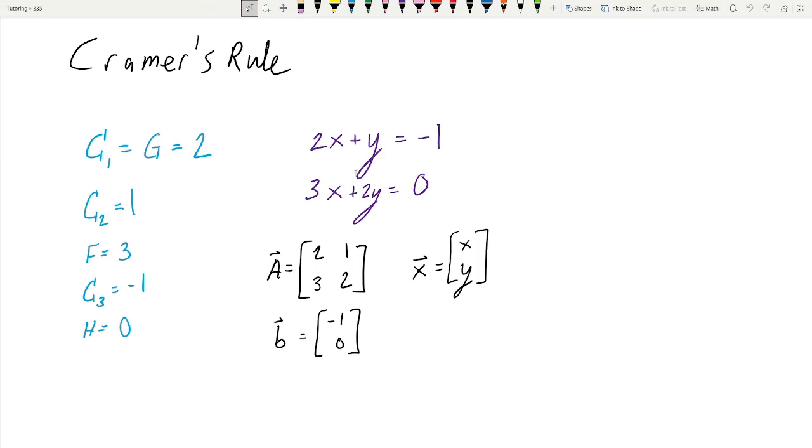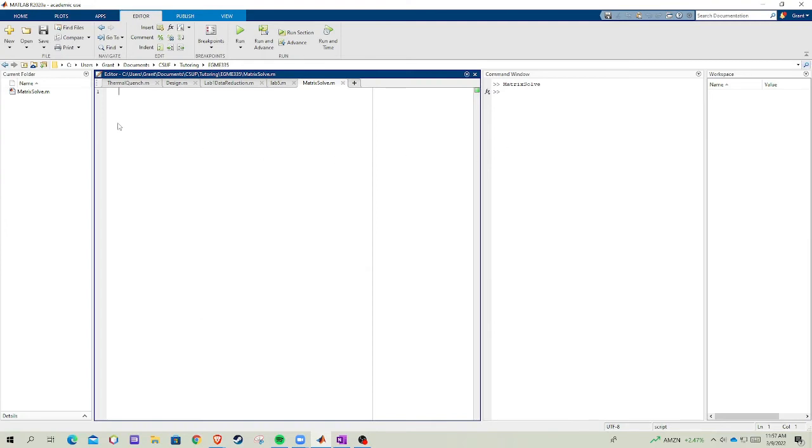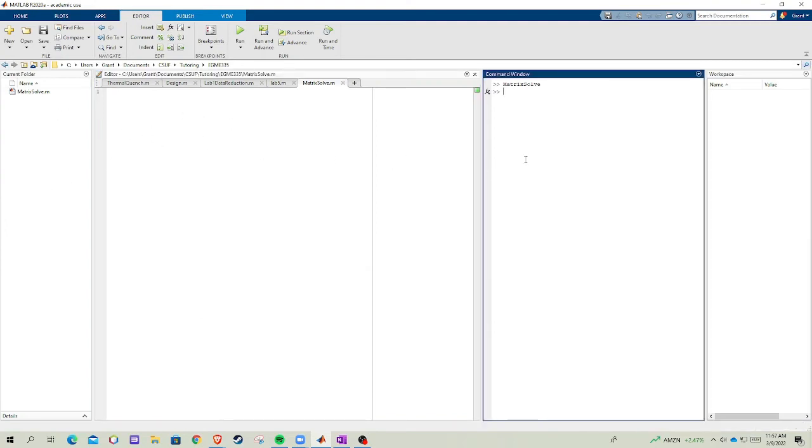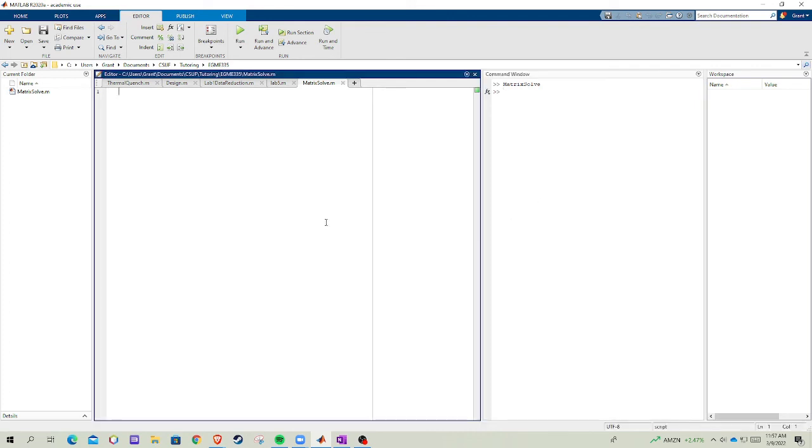So all we have to do in MATLAB is plug in this A and this B. You honestly don't even need to write a script for this. You can just work in the command window. It's so simple. To put in our A, I'm going to just do it in a script because why not? We're going to say 2, comma 1, because in MATLAB when you put a comma, that's working across the columns, and then a semicolon drops you down a row.